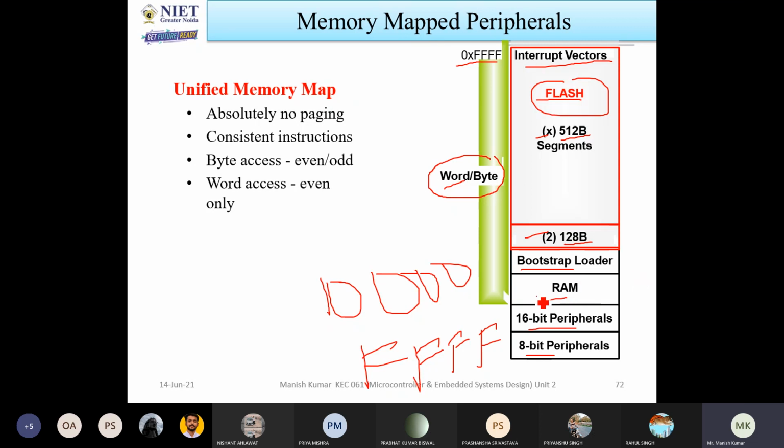And RAM is also a type of memory, and there are 16-bit peripherals and 8-bit peripherals. Now you have two types of devices you want to interface, because any device you are interfacing is either 16-bit or 8-bit. For the 8-bit and 16-bit peripheral devices, the locations are fixed: between these locations you can interface one, between these locations you can interface the other.